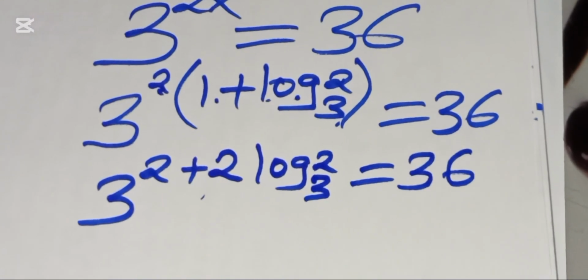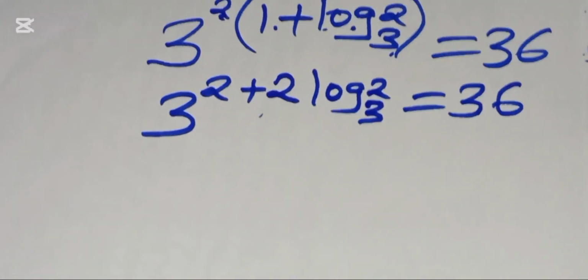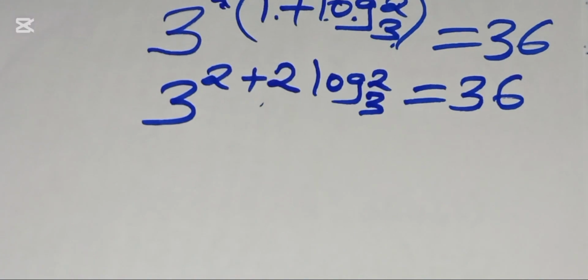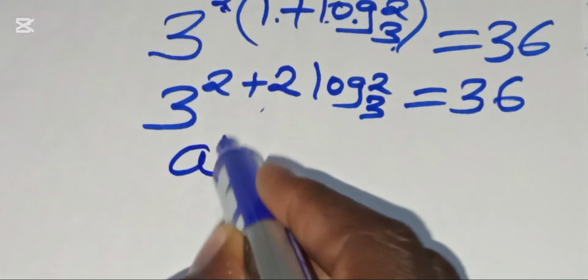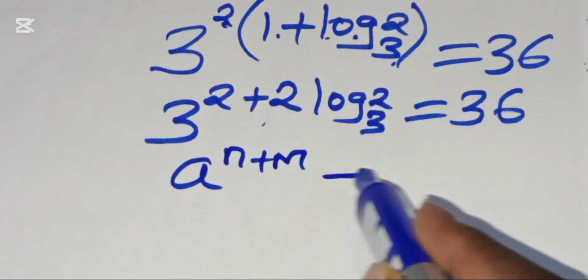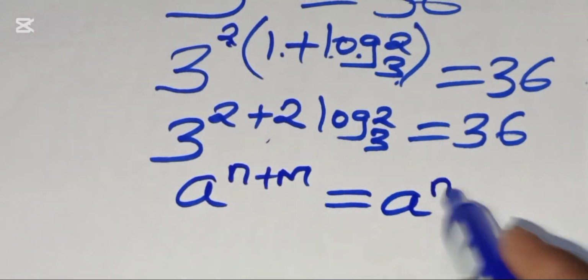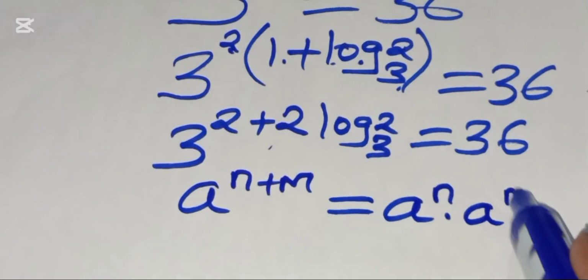Now from what we have here, 3 raised to the power 2 plus 2 log 2 to base 3 is actually in the form of a raised to the power n plus m, which we can express as a raised to the power n multiplied by a raised to the power m.